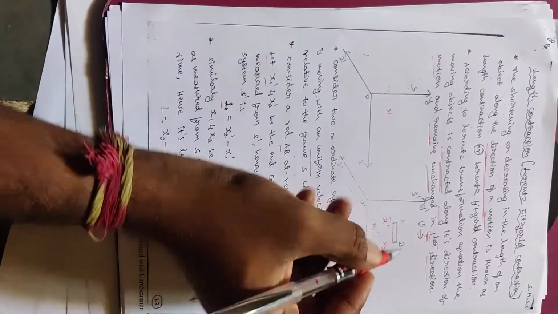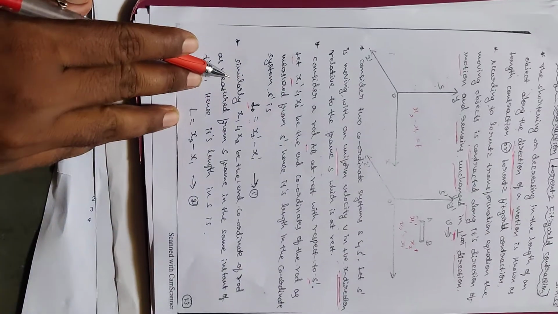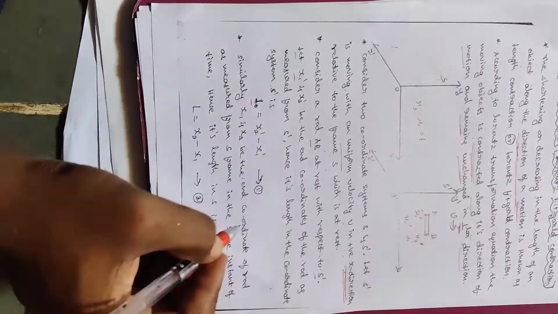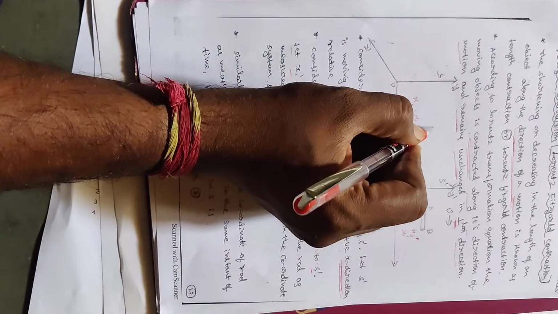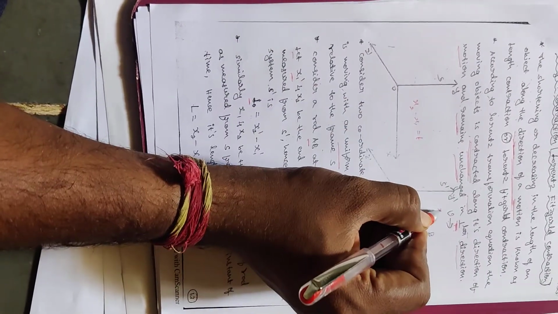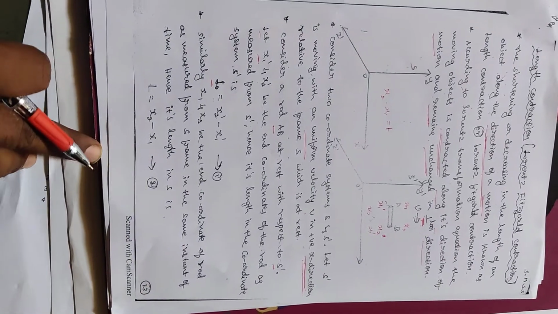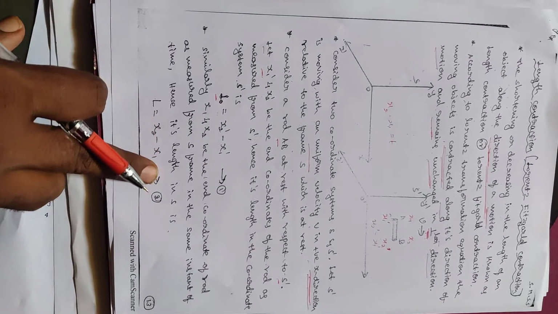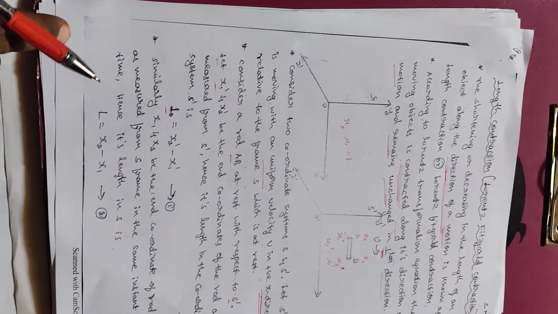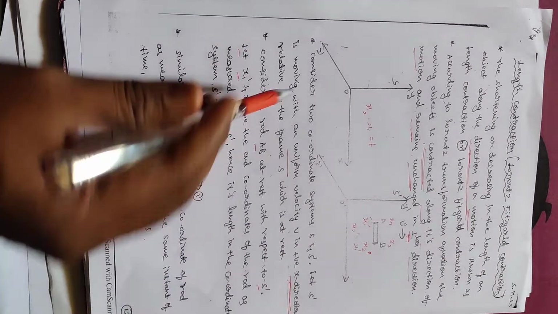Similarly, let x1 and x2 be the end coordinates of the rod measured from S. For S, the same rod has coordinates x1 and x2, and the length of the rod in S is L equal to x2 minus x1. This is equation number 1 for S dash, and this is equation number 2 for S.